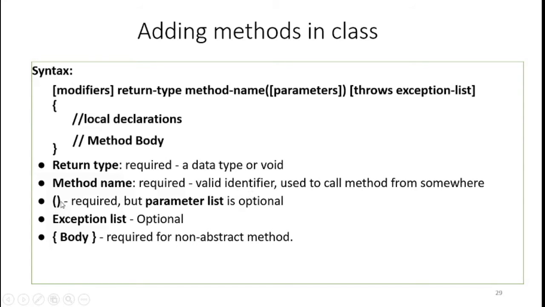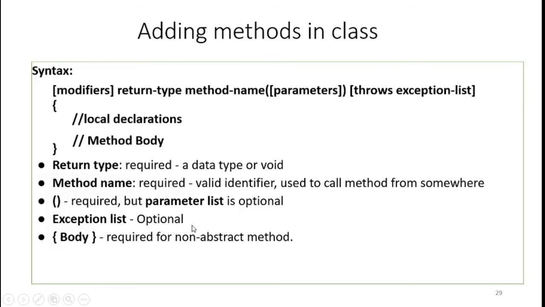Then opening and closing rounded brackets are required, and the parameter list is optional. As I said, you may not mention the parameters because, for example, suppose you want to display something and you are using a display method, you may not need to pass parameters to that display method. So you can use just the opening and closing rounded brackets. Then the exception list is also optional.